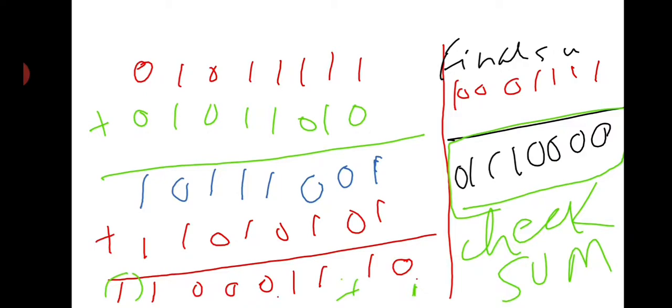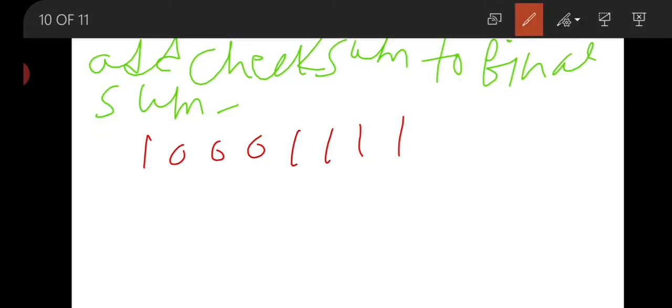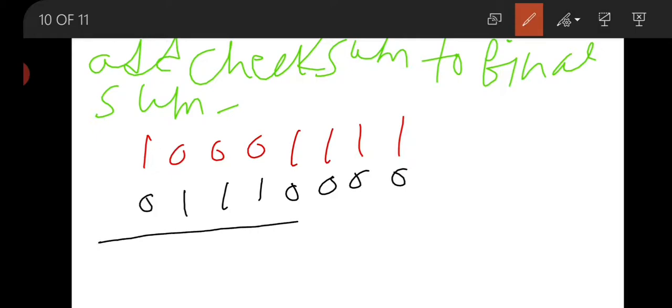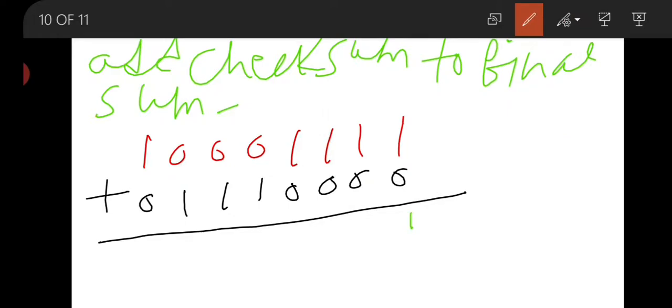Now add this checksum here: 0, triple 1, and 4 times 0. Now find the sum: it is 1 1 1 1 1 1 1 1.